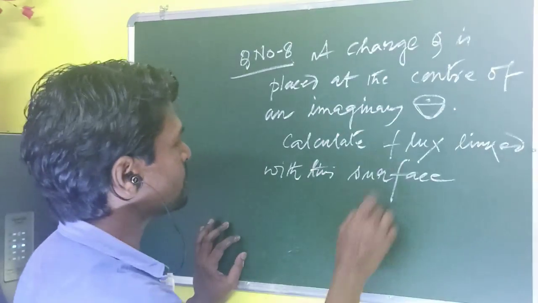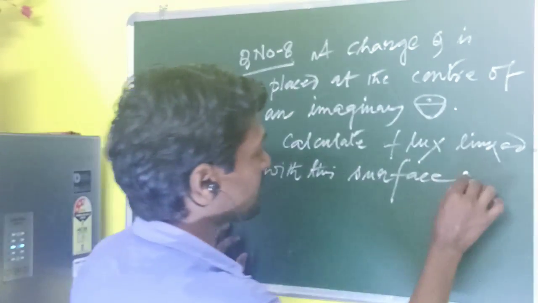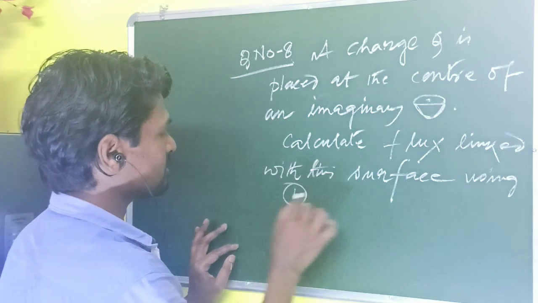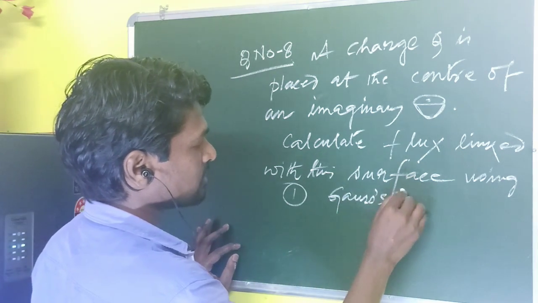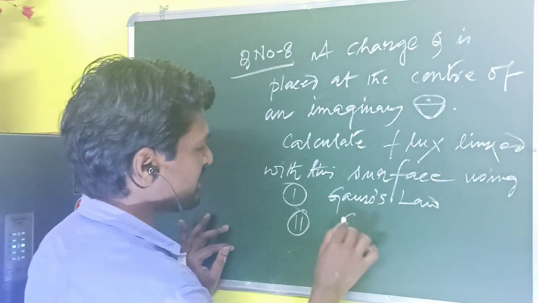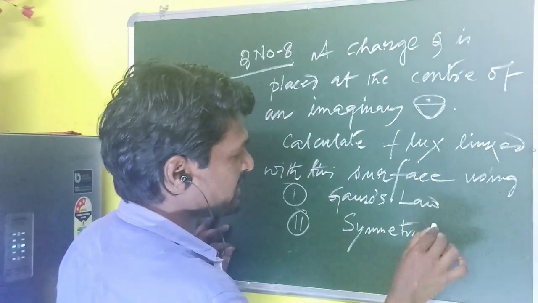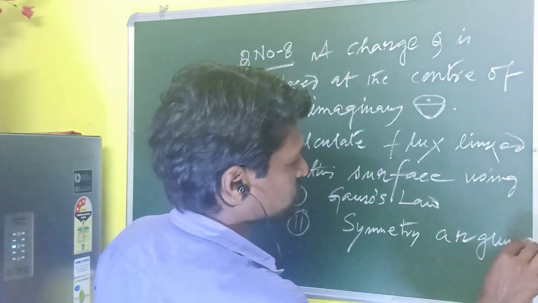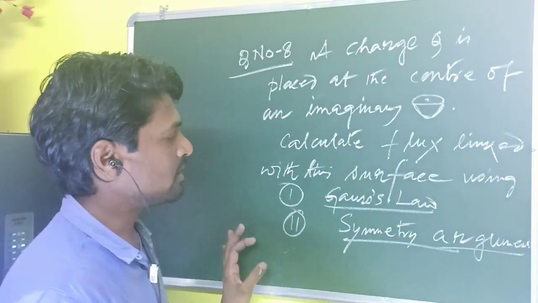So the flux linked with the surface: you can use Gauss's law, and the second is the symmetry argument. What is symmetry argument? What is Gauss's law?